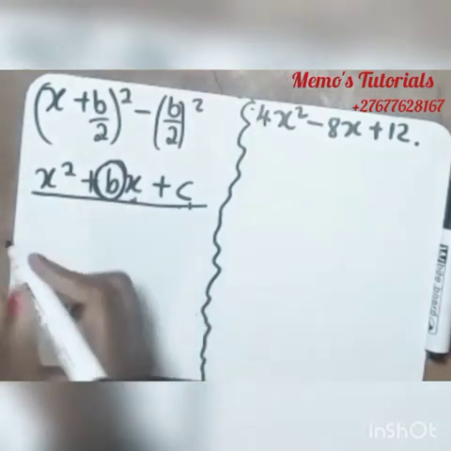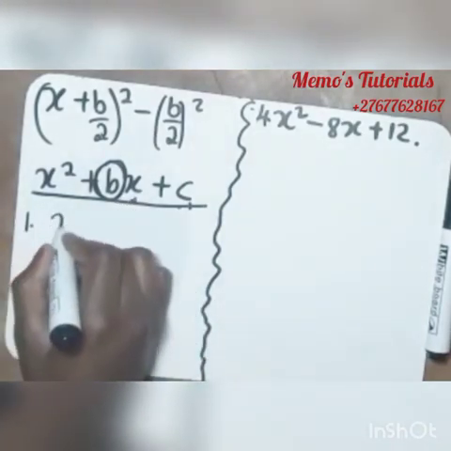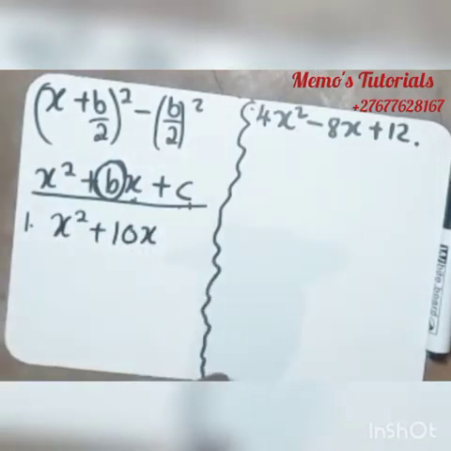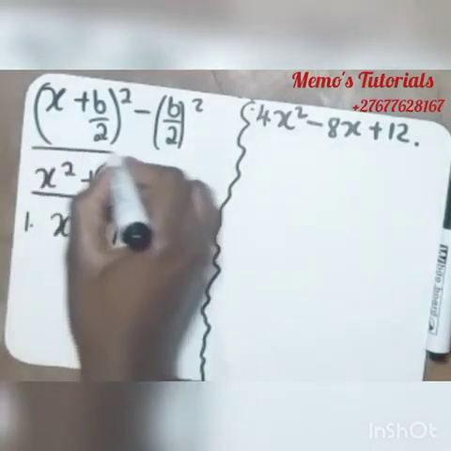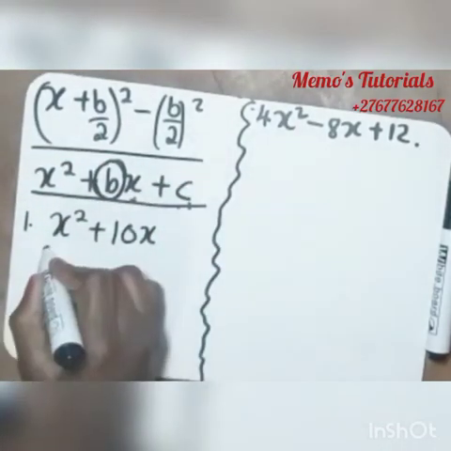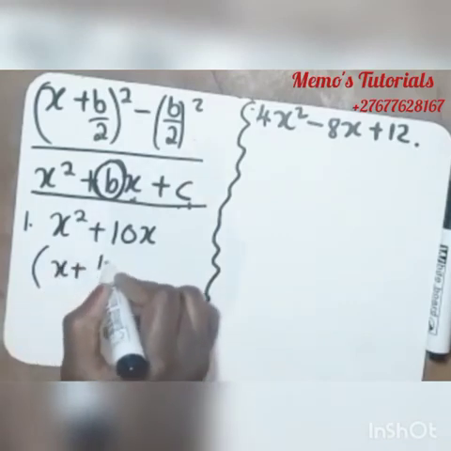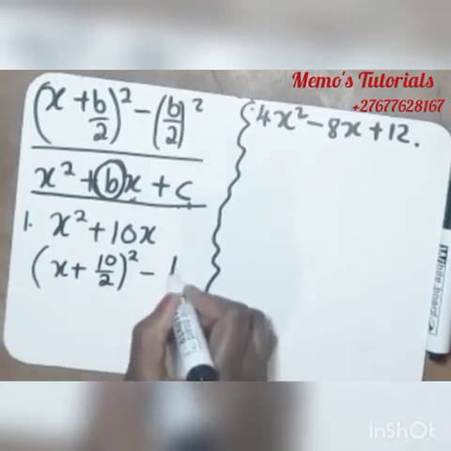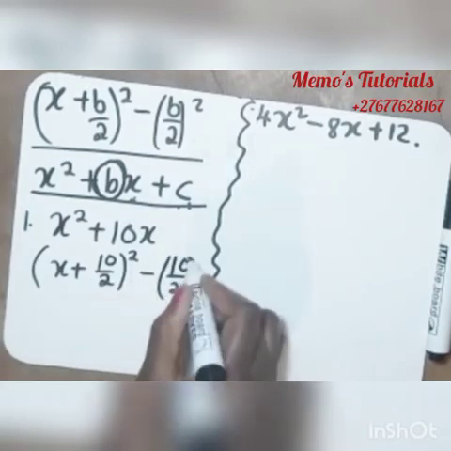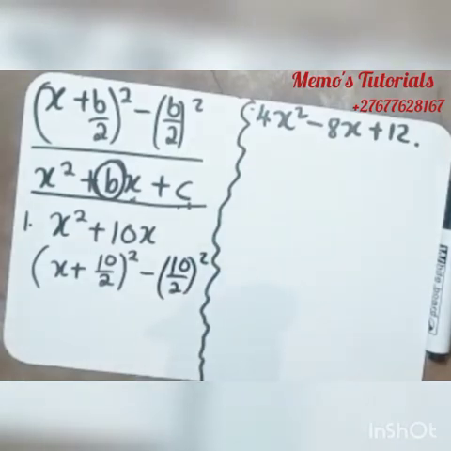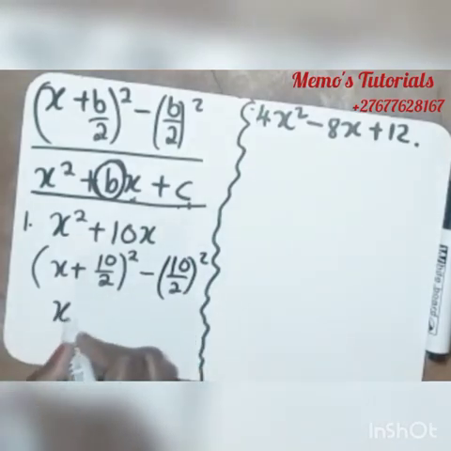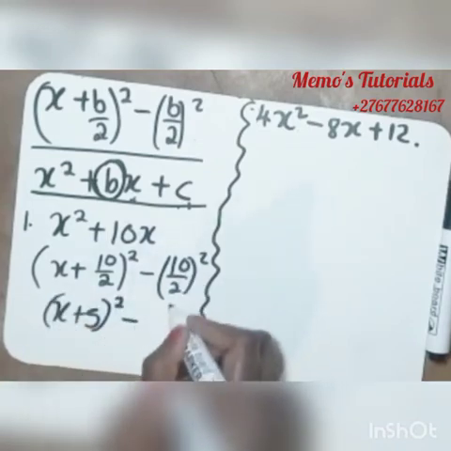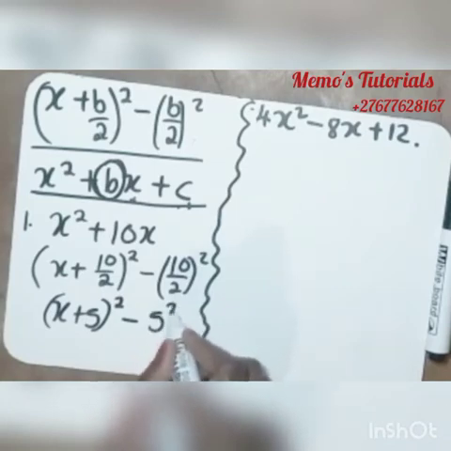Okay. So in this case, our first example that we're going to look at is x squared plus 10x. Using the completing of square formula, we say (x plus 10 over 2) all to the power 2 minus (10 over 2) all to the power 2. 10 over 2 we know is 5, so it's (x plus 5) all squared minus 5 squared.